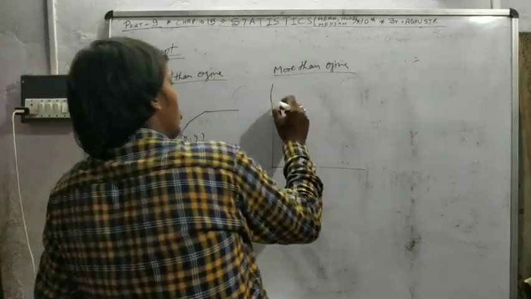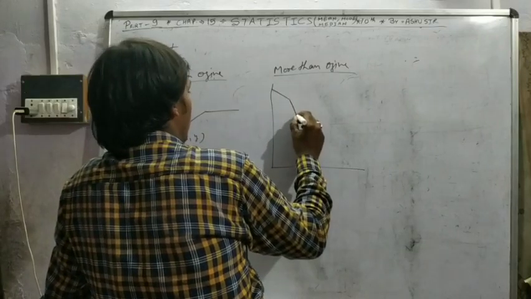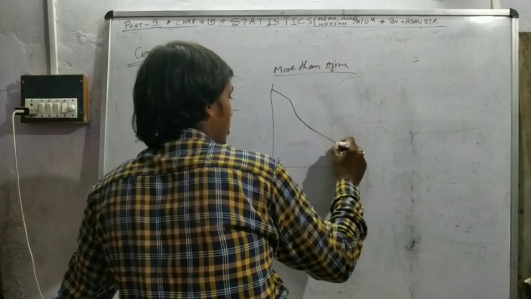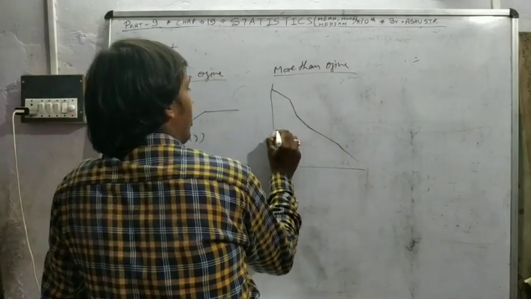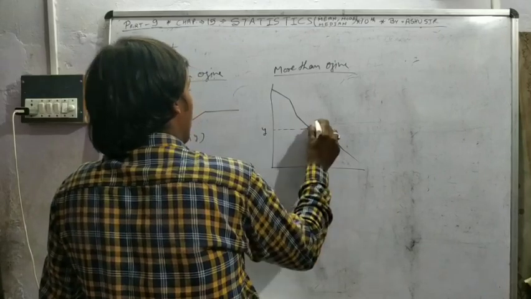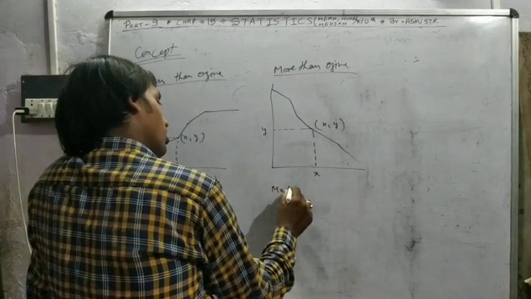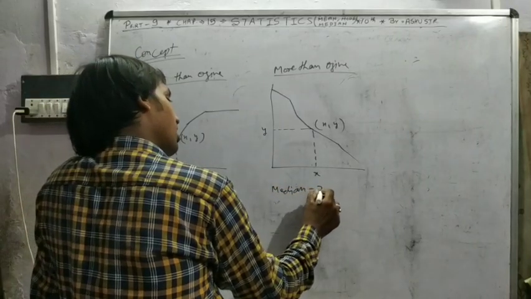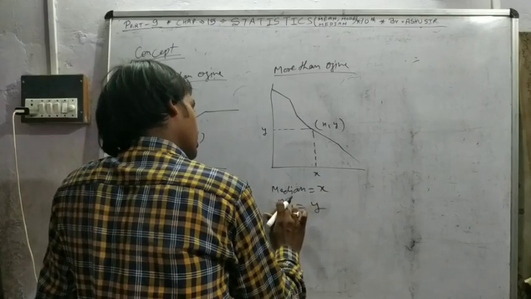Same when you draw the more than ogive, suppose you get data like this. Same, median is x, n by 2 is y.